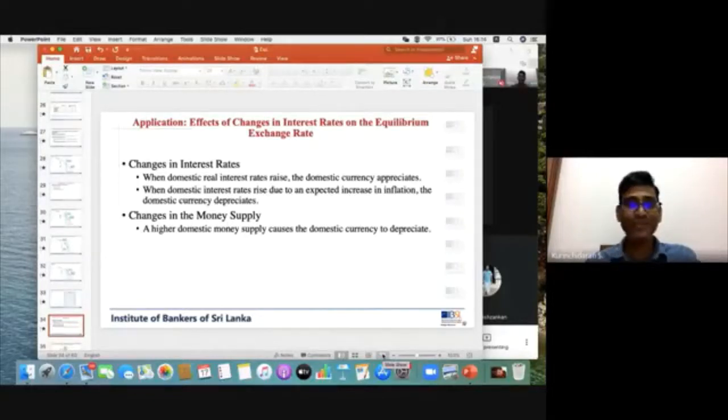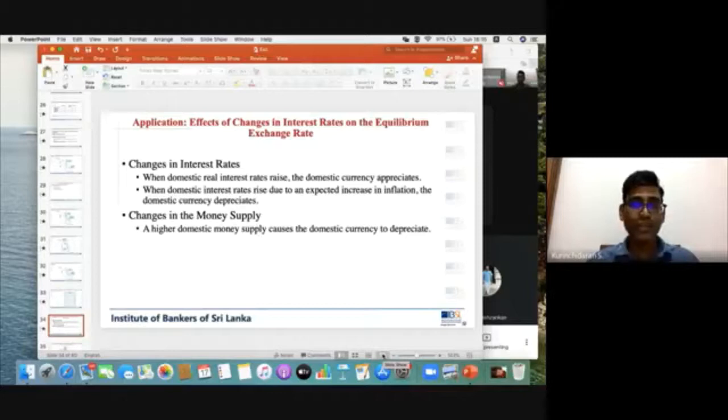This is the relationship you can see. When the domestic interest rate rises due to an expected increase in inflation, the domestic currency depreciates. This is what you want to understand, right? Two things. Can you remember the nominal interest rate, the Fisher effect? You keep in mind the relationship between nominal and real, and the influence of inflation on that, right?